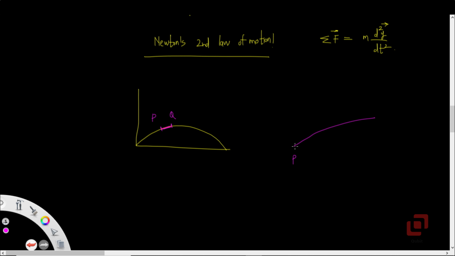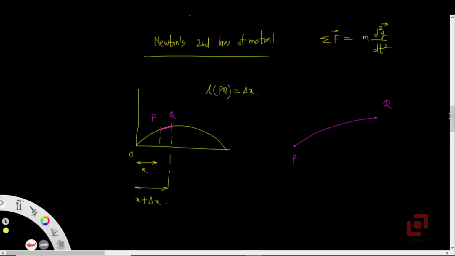This is the point P and this is point Q. We assume that the position of point P from the origin is x and that of Q from the origin is x plus delta x. Now as PQ is a very small portion of the string, we may assume that the length of PQ is also equal to delta x.